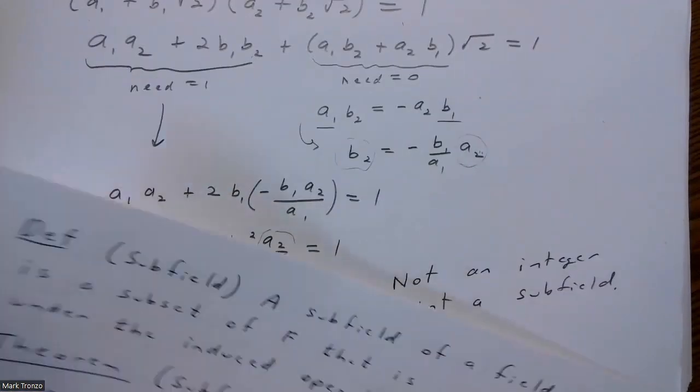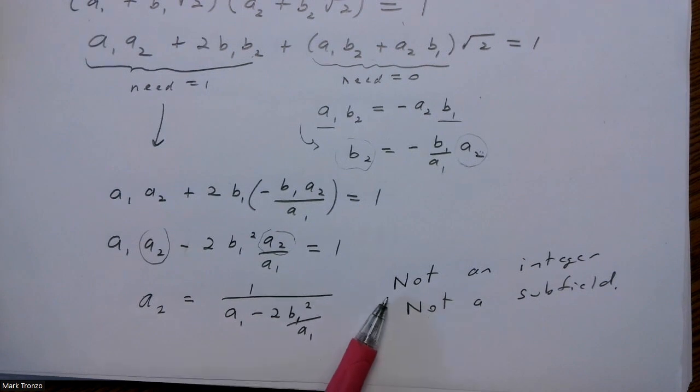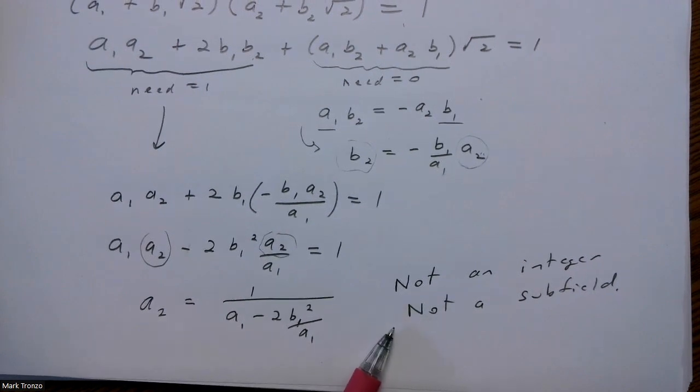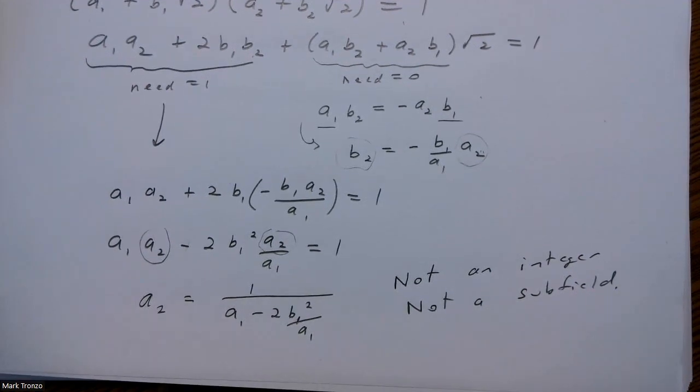Okay, well, I guess what I'm showing here is that this more or less directly shows that this didn't have an inverse. Maybe I'm really not using the subfield test.